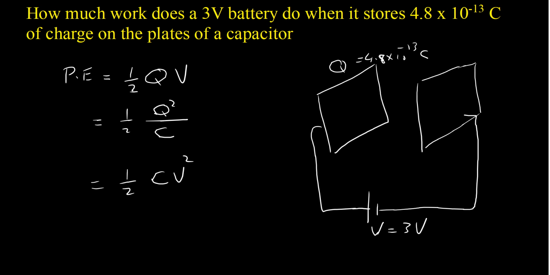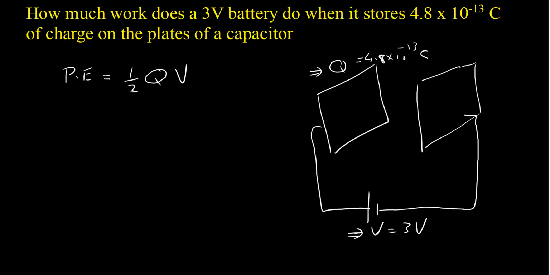So I can pick any one of these to solve the problem, generally speaking, but when I look at my example, I only have the charge and also the potential difference. So these are the only things I've been given in my example. Because of that, I will choose the first one to help me solve my question.